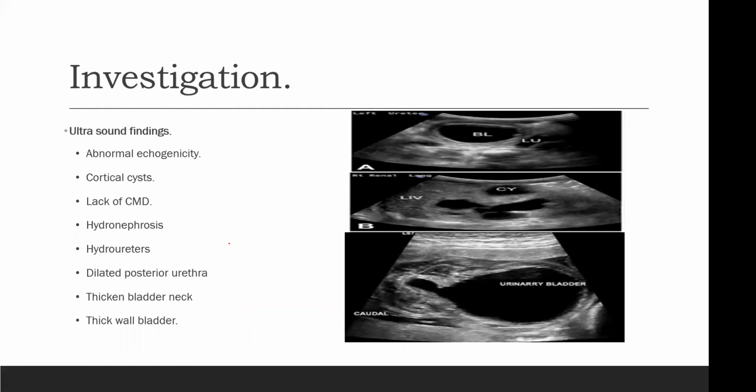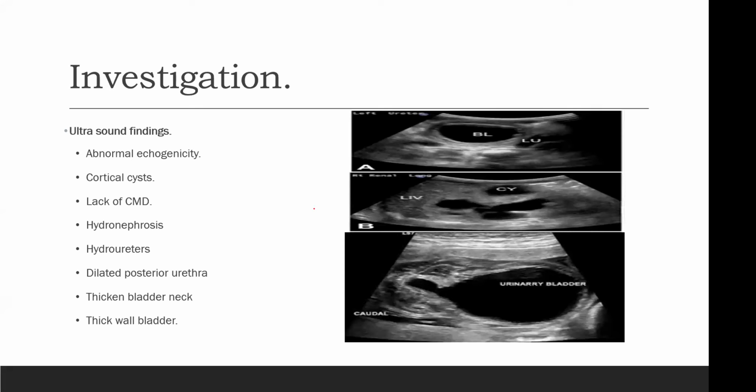So this is the ultrasound investigation. You will be able to appreciate the abnormal echogenicity and cortical cysts, which signify the severity of the condition, and the lack of corticomedullary differentiation as well.